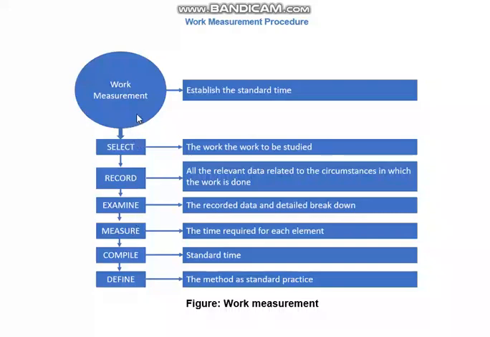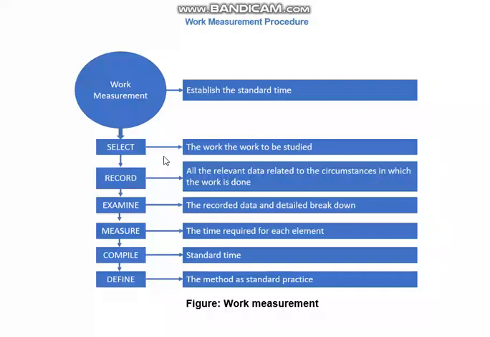In work measurement, the first step is to select. What should you select? The work to be studied. Here the work is written 2 times by mistake. You have to select the work to be studied. That is the first step. Normally the people who are doing the work measurement won't be selecting it.